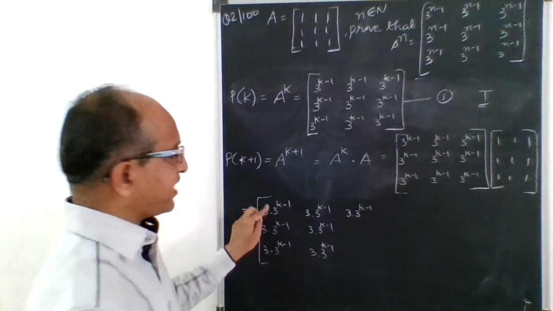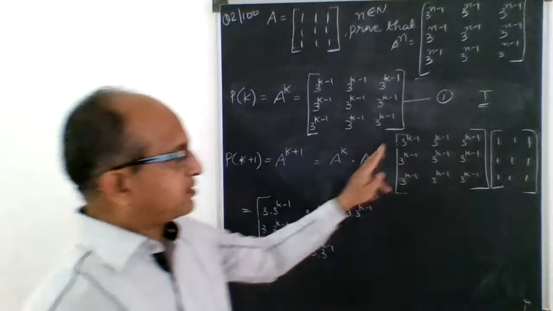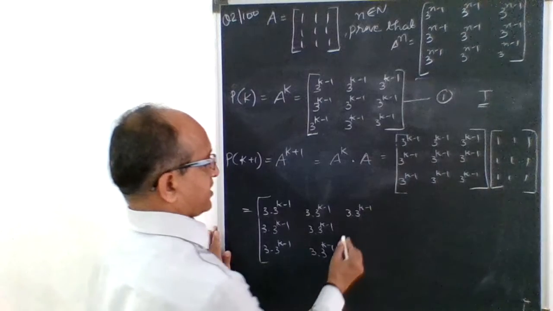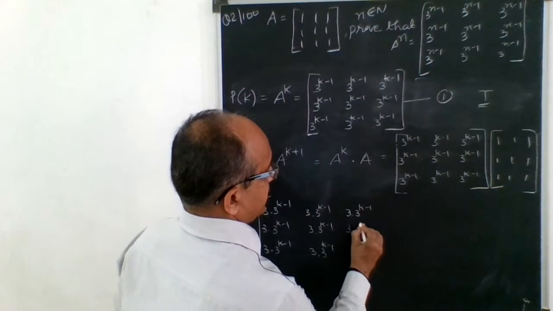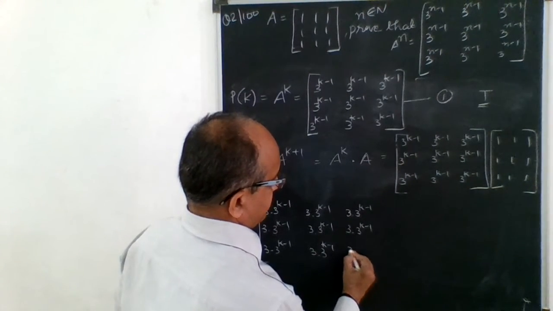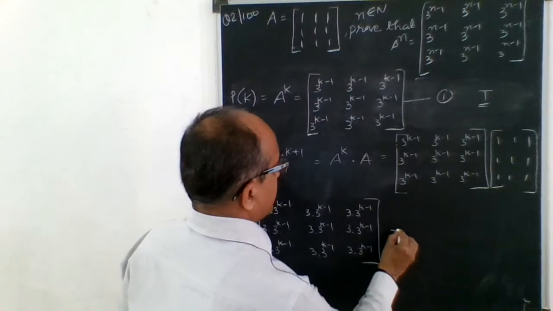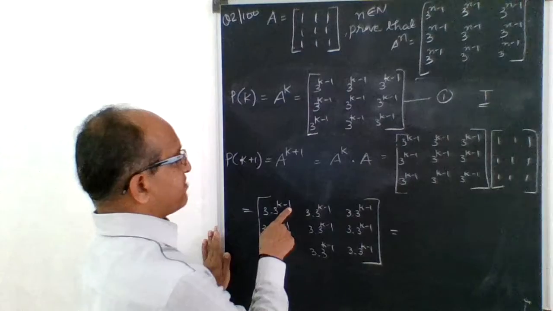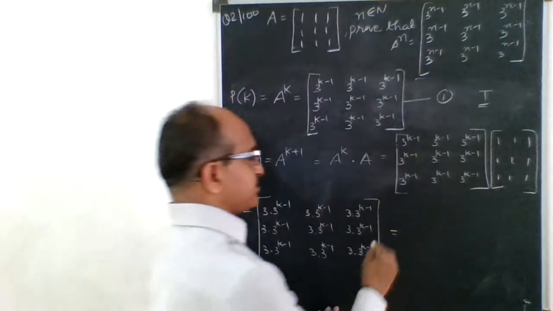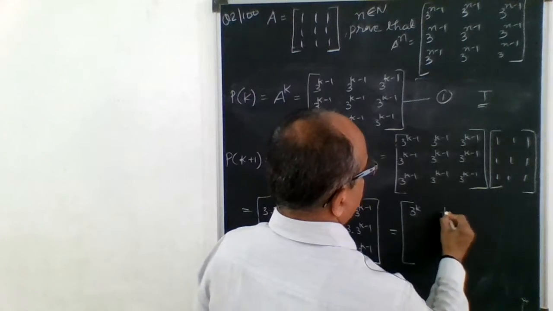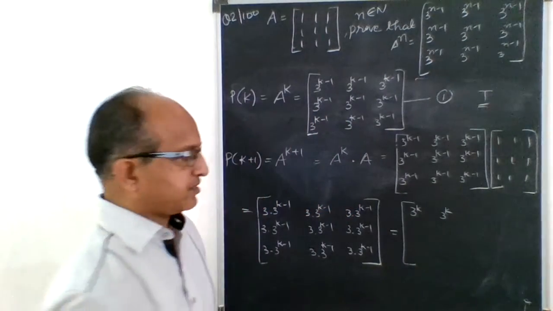I hope it is clear why I have written 3, because 3 times the value is coming the same. Now see, this is 1 and minus 1, so what does it become? 3 raised to k. So all elements become 3 raised to k.